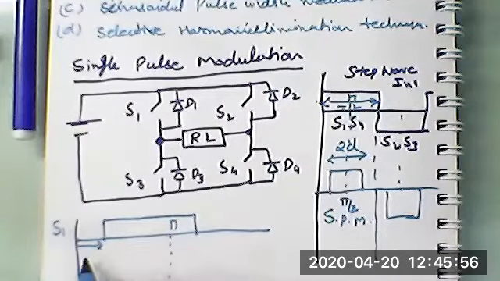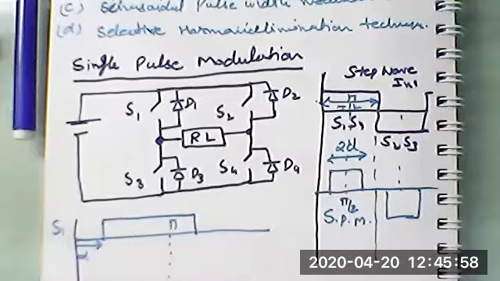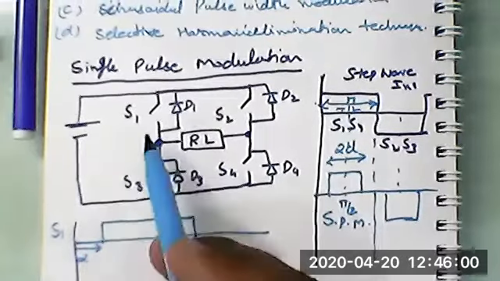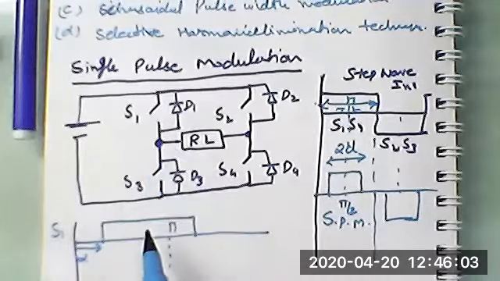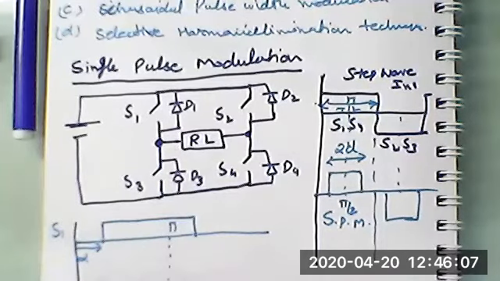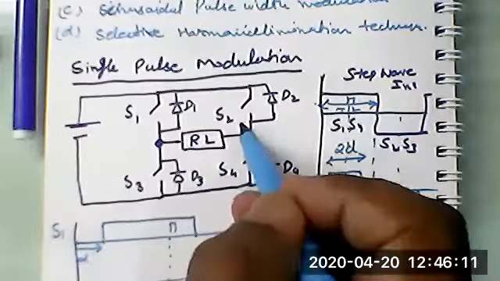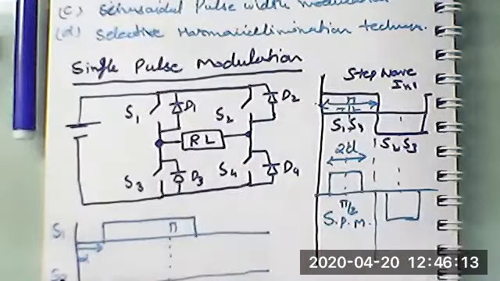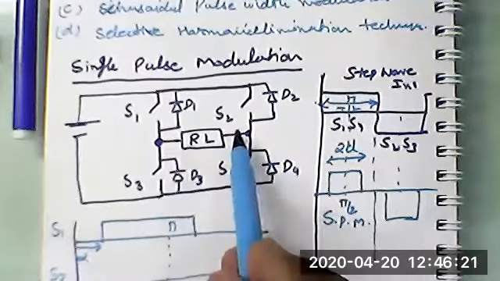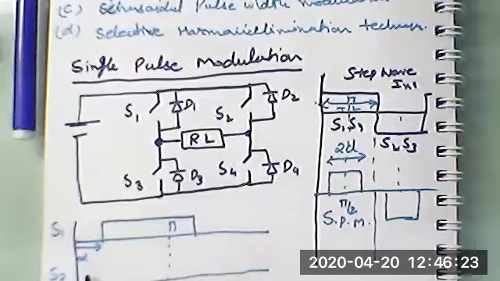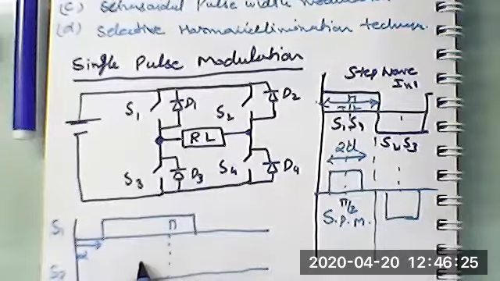This is alpha, right? Pulse for S1 is delayed by firing angle alpha, whereas pulse for S2 is advanced by firing angle alpha.